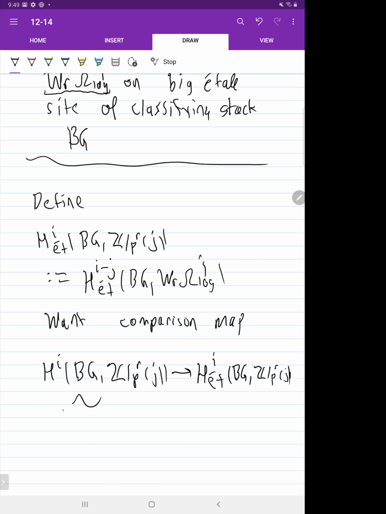So this is the classifying space defined by approximating it by quotients, and the classifying stack is something different. So how do we do this?